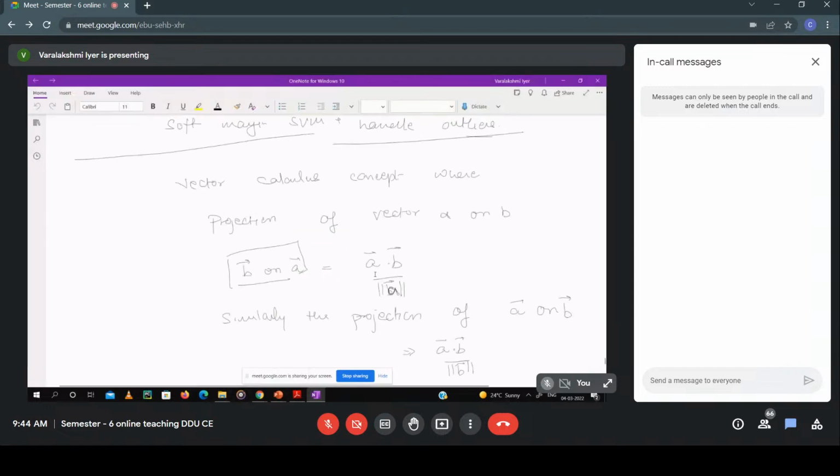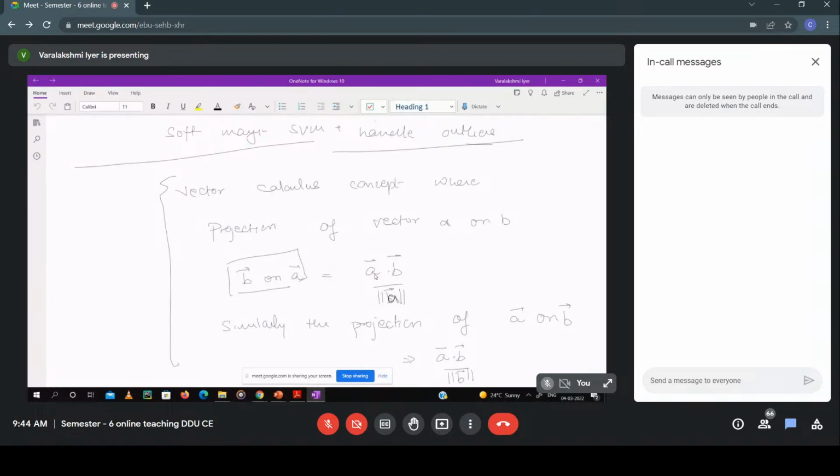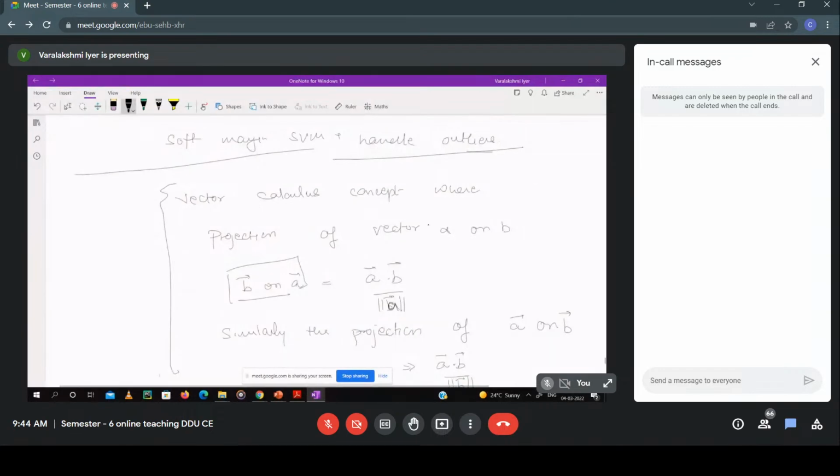Okay. Again. So we are going to start with a vector calculus concept: the projection of a vector A on vector B is given by a dot product, that is a scalar product, of vector A with the unit vector of B. This is the vector calculus concept that we are going to utilize at this point.